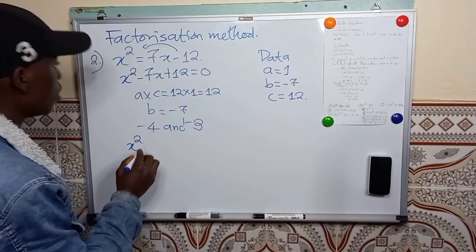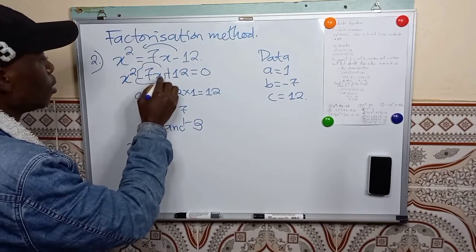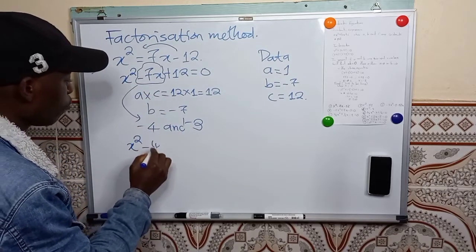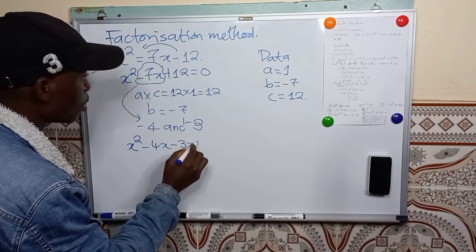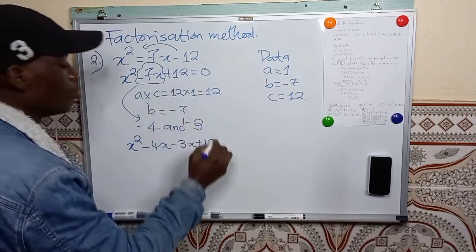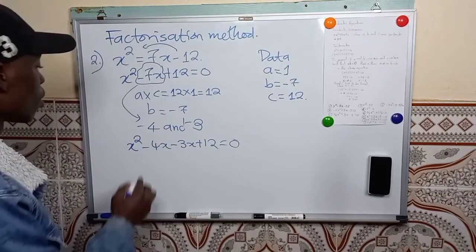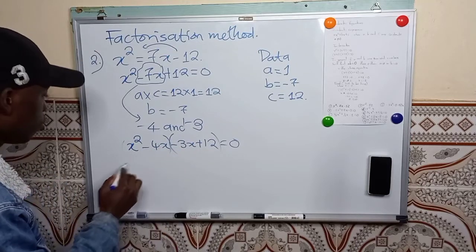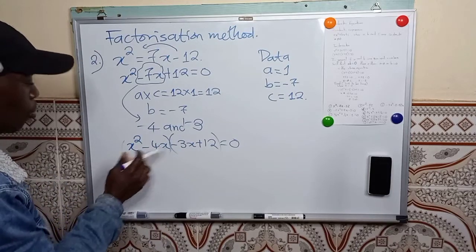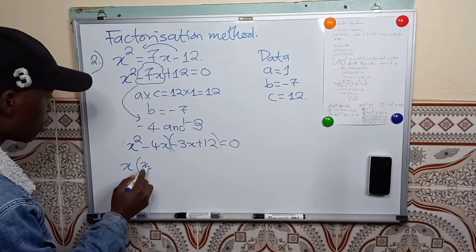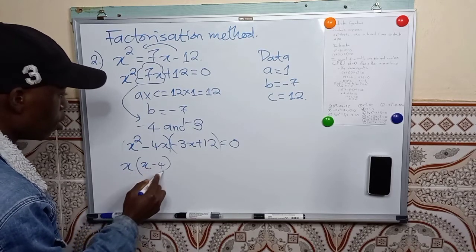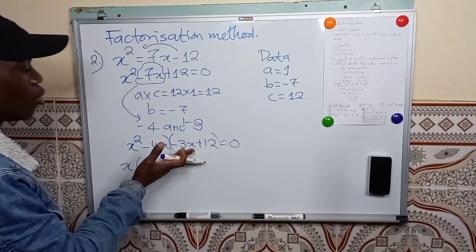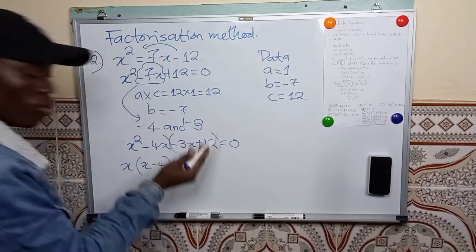So this whole equation is split into these two. So this would be x squared -4x minus 3x plus 12, which is equal to 0. You factorize them. x is common here, and here we remain with x minus 4. Then here we have -3x plus 12. 3 can enter into 12, hence it will come out.